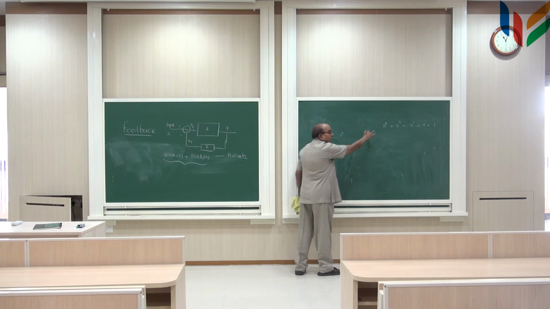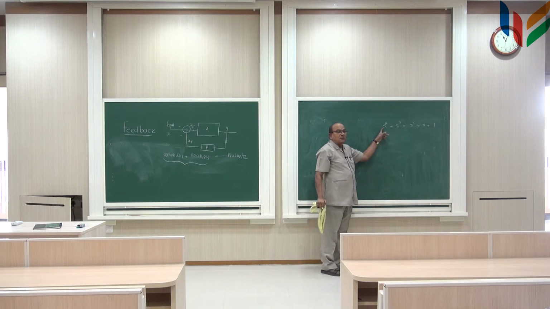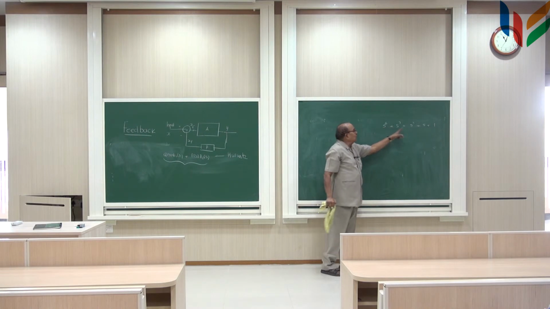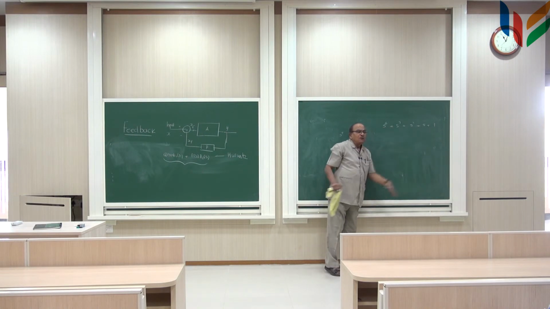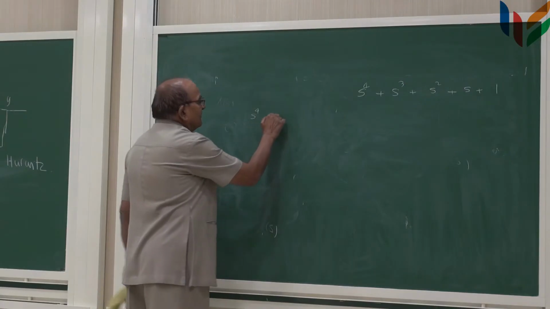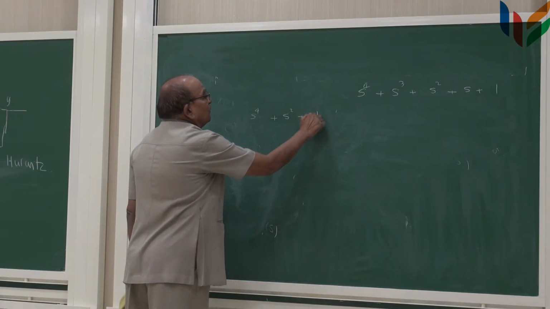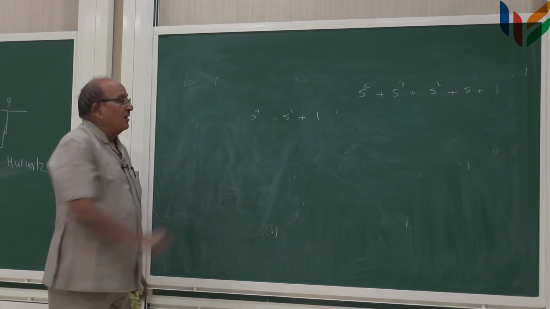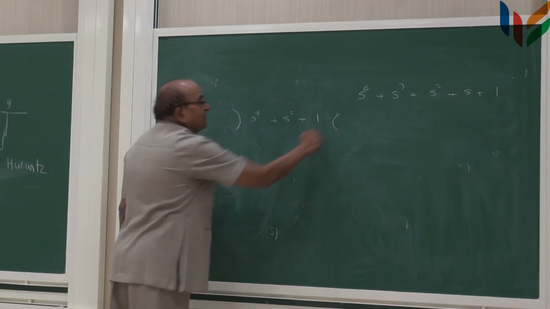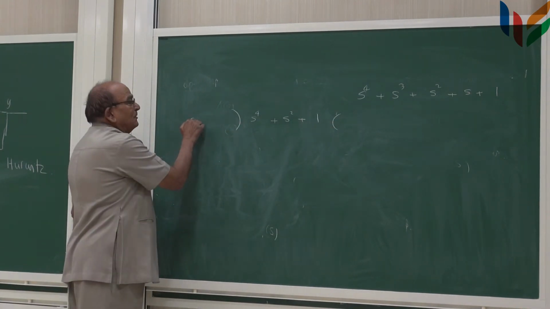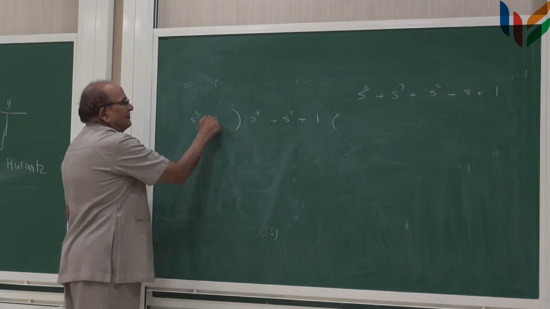Take the highest power, in this case s^4, and this is an even power. So pull out all the terms corresponding to even power, that is the even part of the polynomial, and divide it by the odd part of the polynomial by long division.